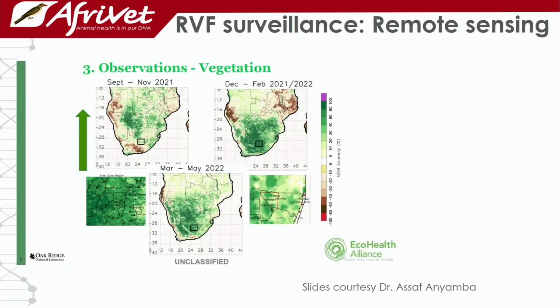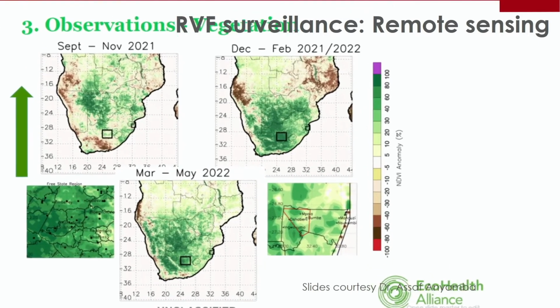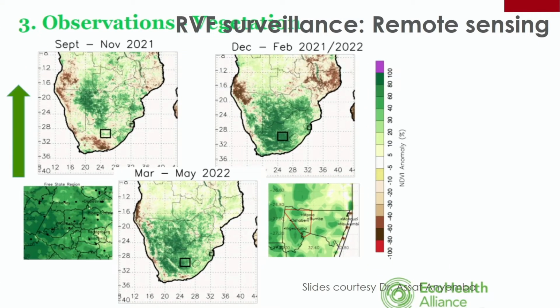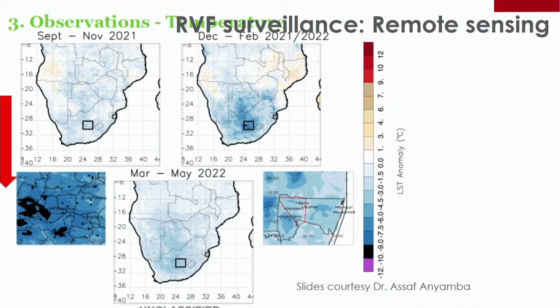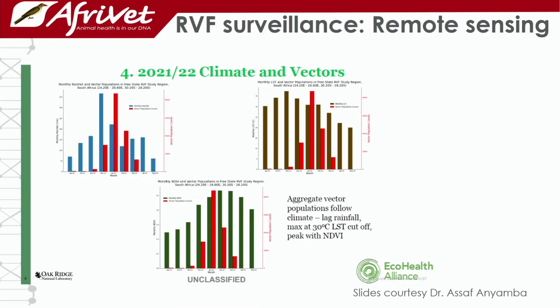So you look at rainfall, but also vegetation cover. As it rains a lot, you start seeing more vegetation coming up, and that's where the mosquitoes start exploding. And then you have the temperature.